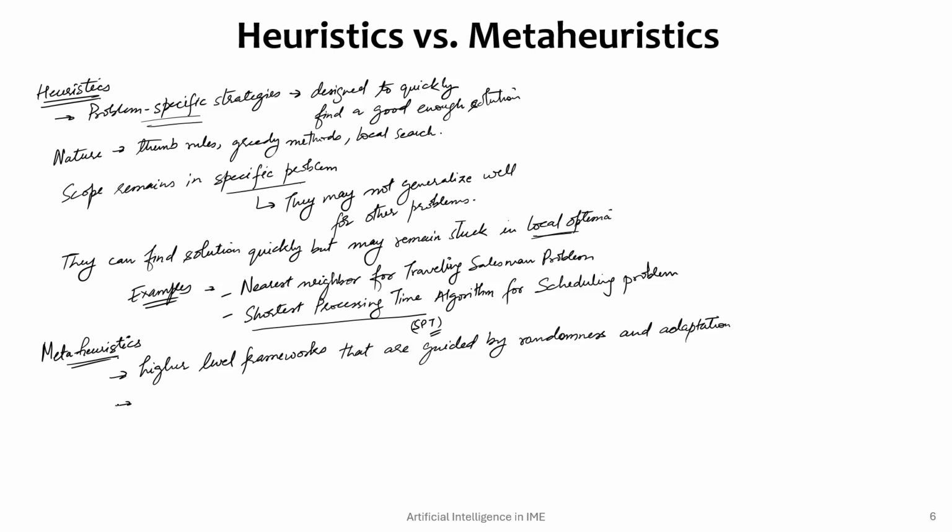Now the major thing about meta heuristics is that they are problem independent. So these heuristics were specific to the problem, but if you understand a particular framework, then what you need to do is just portray the same framework and convert it into your problem.